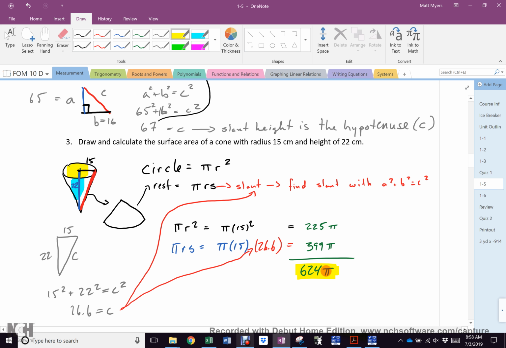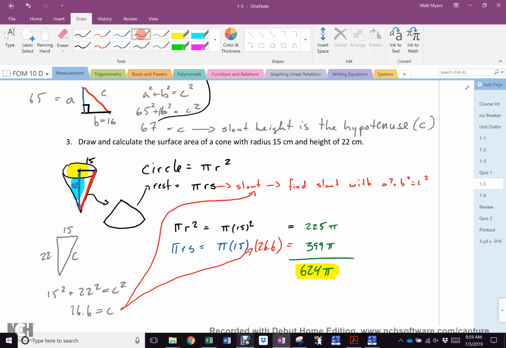So this isn't a very good real life answer, is it? If you built this cone and you put it on an ice cream truck and you needed to paint it, you couldn't go to Home Depot and say, I need enough paint to cover 624 pi. Could you? So you would want to find an actual answer.